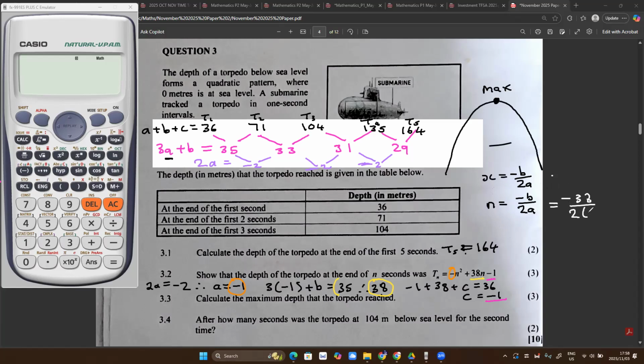Now a was negative 1, so the negatives cancel, and we are going to get 19. All right, so now we know our max is at n equals 19. But this is after how many seconds, right? So 19 seconds would be when it reaches the maximum depth. But what do we want? We want the actual maximum depth. So we're going to say T19 equals, I don't know if you can see this in white.